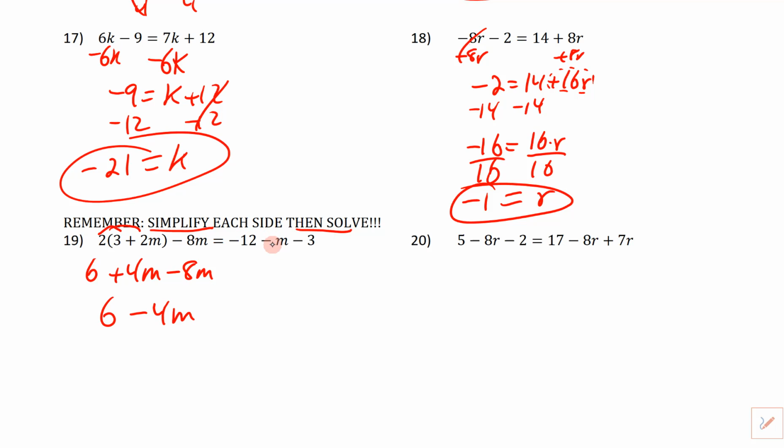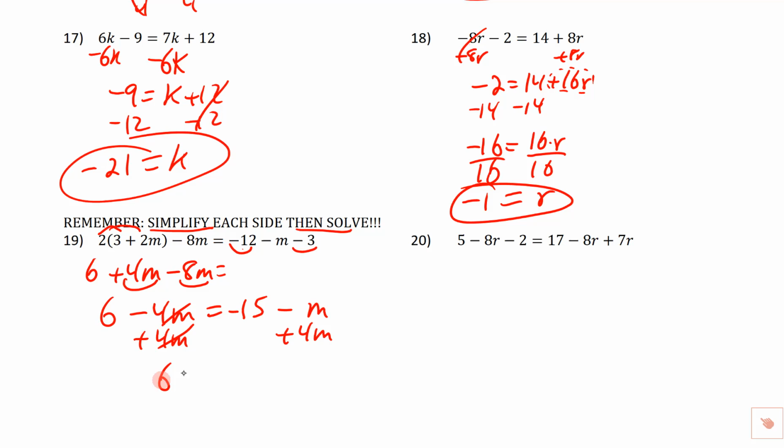And then we'll take a look at this other side over here. On this side, the only thing that we can do is put those together. So just like we put those like terms together to get negative 4m, we're going to put these two together. That's going to be negative 15 minus m. So these two, negative 12 minus 3, make a negative 15. And then we've got the minus m right there. I'm going to move the smaller of the two, so I'm going to add 4m. Add 4m to both sides.